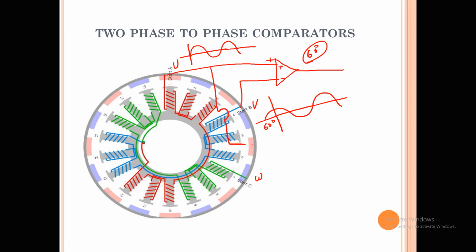There is one more comparator, positive and negative, where we consider U as the reference. If the motor is still running, it also has a sine wave, and let's assume it's lagging by some angle, say 30 degrees.